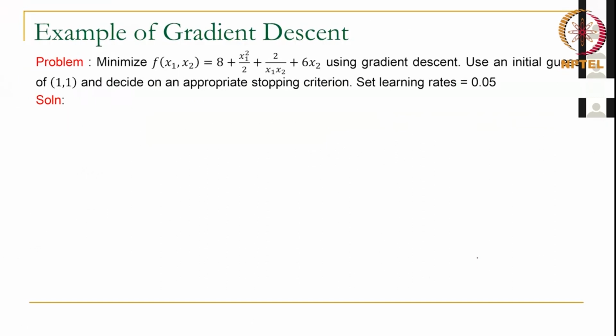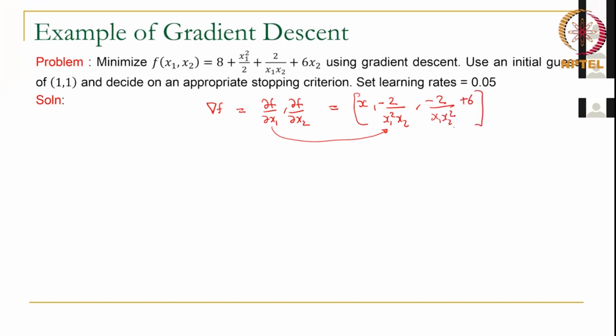So all we need to do is find out grad f. So del f del x1, del f del x2. So x1 minus 2 by x1 square x2 is del f del x1, and minus 2 by x1 x2 square plus 6 is del f del x2.